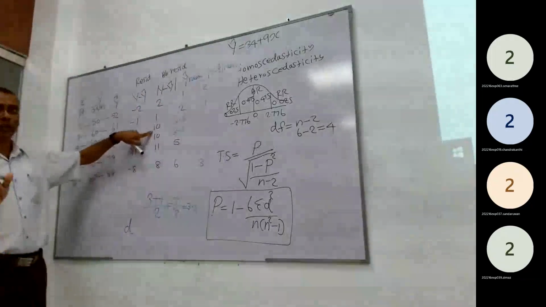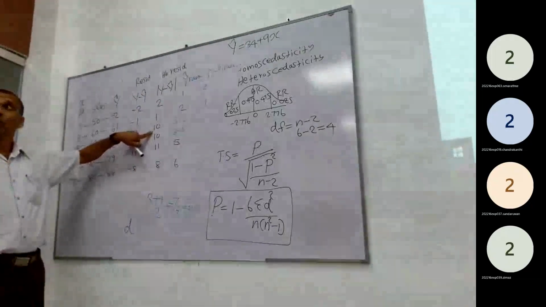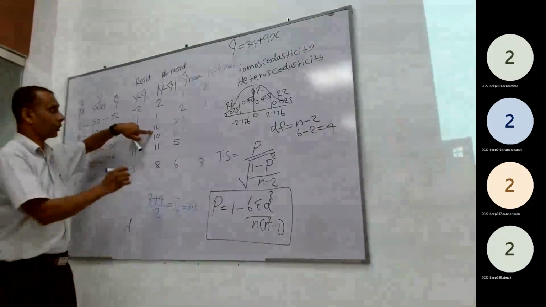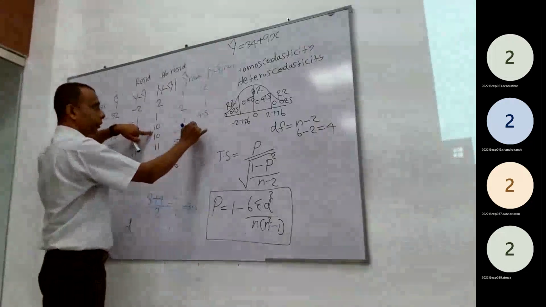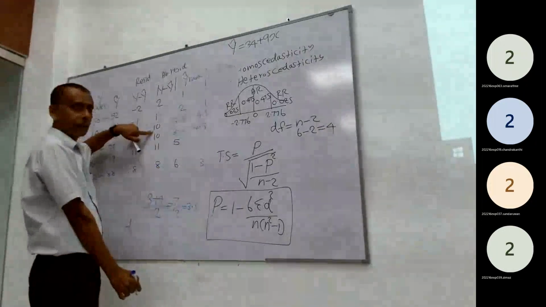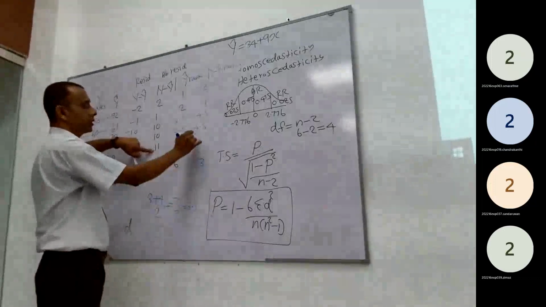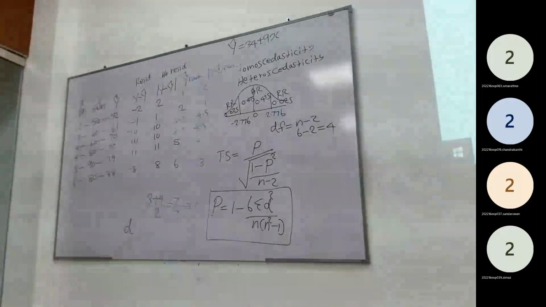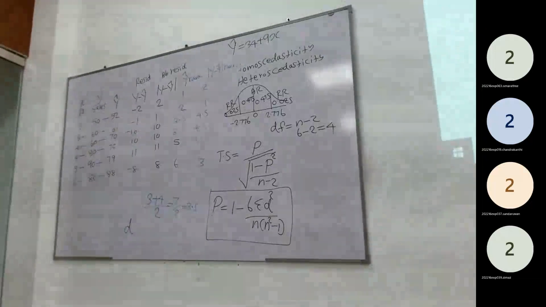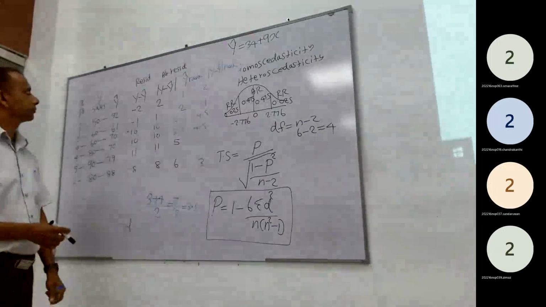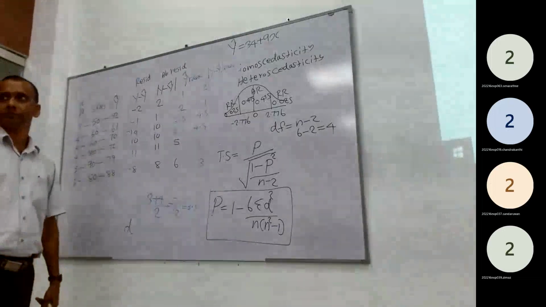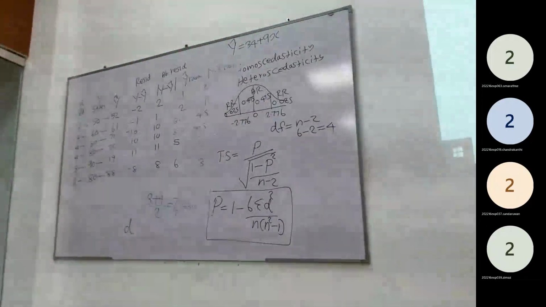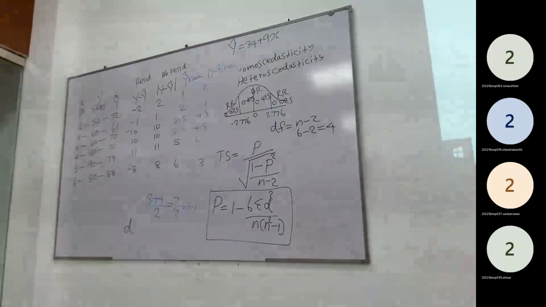Then same numbers: already we have assigned 1, 2, 3, so 4 plus 5 is 9, 9 divided by 2 is 4.5, and 4.5. Then the next one, 6. This is the y hat rank and the absolute value of residual rank.